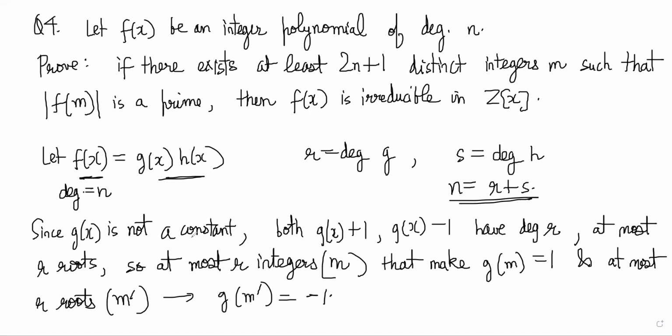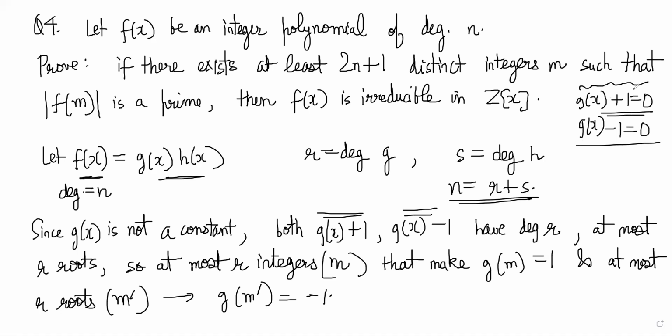What are we saying? We are saying g of x is a polynomial of degree r. So g of x plus 1 and g of x minus 1 both are polynomials of degree r. So if you think of the equation g of x plus 1 equal to 0 and g of x minus 1 equal to 0, the maximum number of roots of each equation is r.